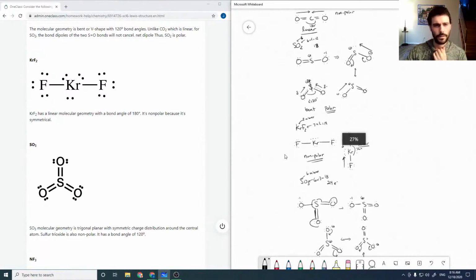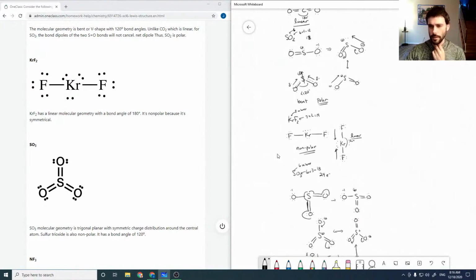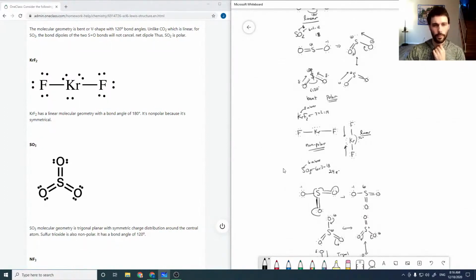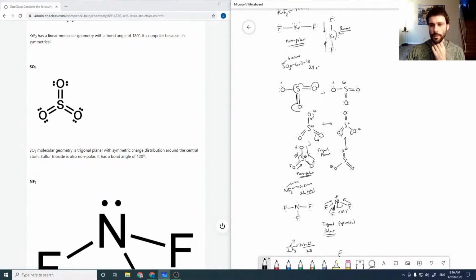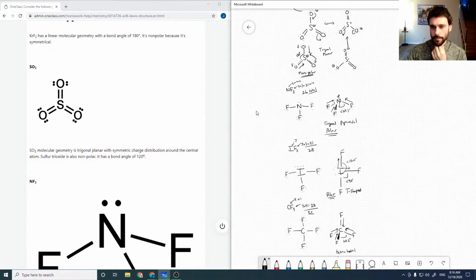KrF2 is linear with a bond angle of 180, and it will be non-polar. SO3 will be a trigonal planar structure, which is non-polar because of the cancellation, and a bond angle of 120.